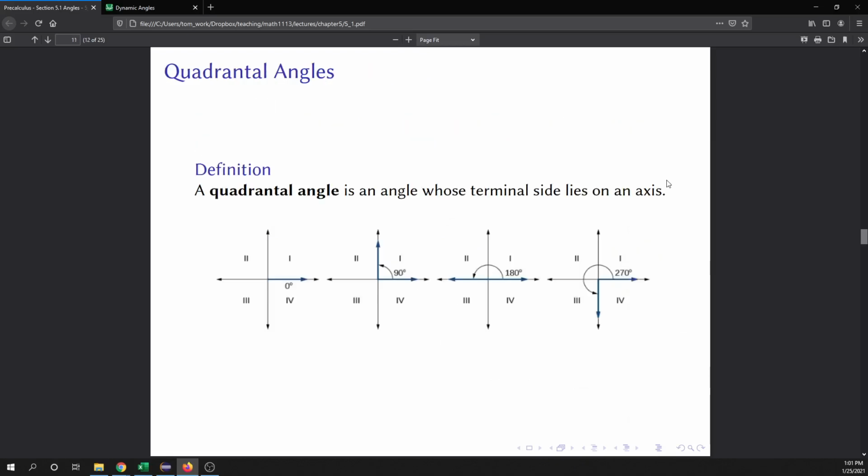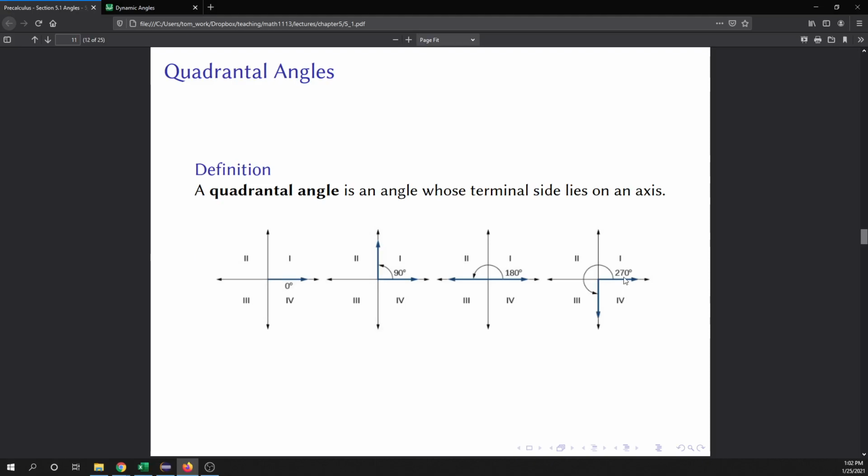All right, and for the last slide in this video, we're going to talk about quadrantal angles. A quadrantal angle is an angle whose terminal side lies on an axis, either the x-axis or the y-axis. So 0 is a quadrantal angle, 90 is a quadrantal angle, 180 is a quadrantal angle, and 270 is a quadrantal angle as well.